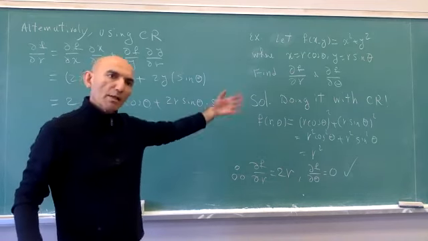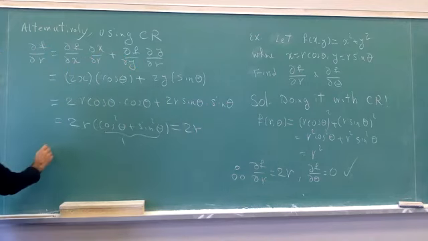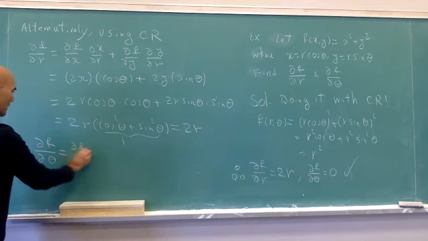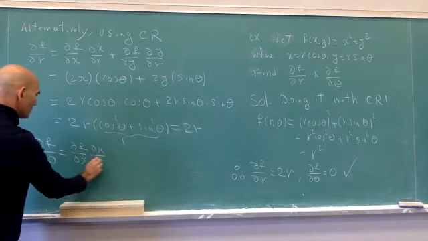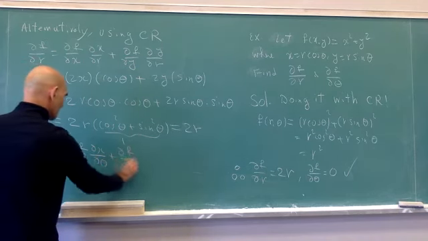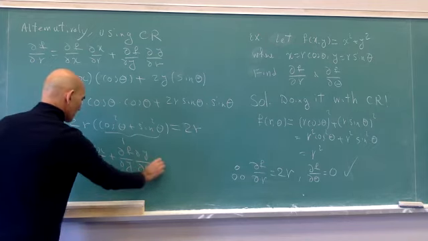But well, that's not bad. Okay, let's do df d theta now. This might be more interesting. We should get 0 for df d theta. Again, this is df dx dx d theta plus df dy dy d theta.